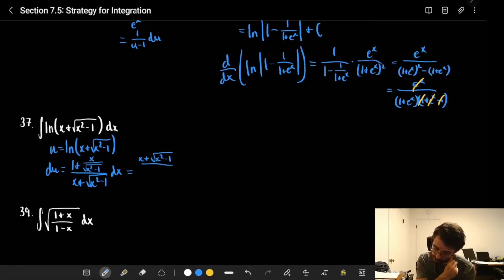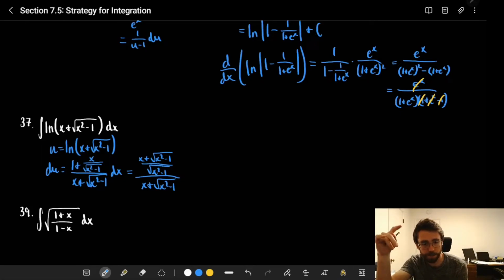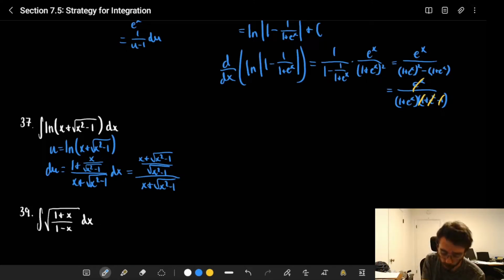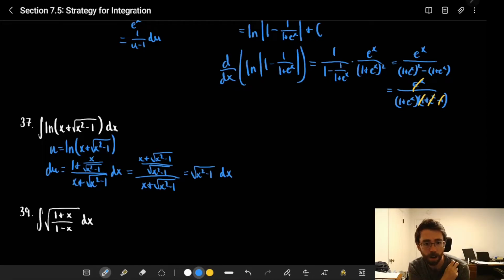This might be a miracle. Okay. Keep the bottom the same. Dividing two fractions flips it, and so much cancellation happens. These both cancel, and you get this. I forgot my dx. I'll just put it there. Is that acceptable?